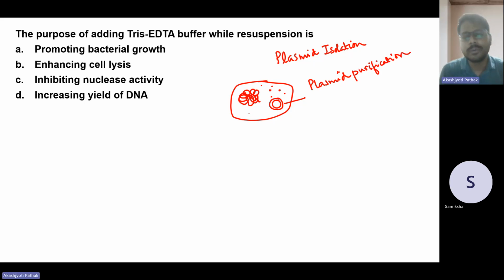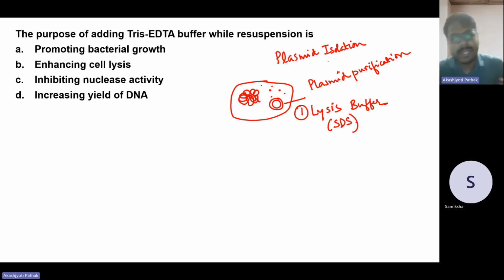So for this, first you have to lyse the cell. For this a lysis buffer is used, and this lysis buffer will have SDS. Let's discuss this plasmid isolation a little bit. For plasmid isolation you require three different buffers.